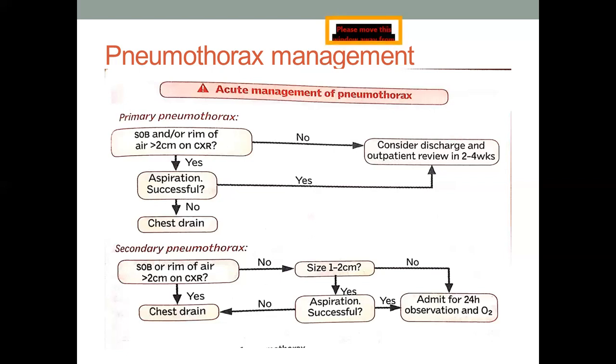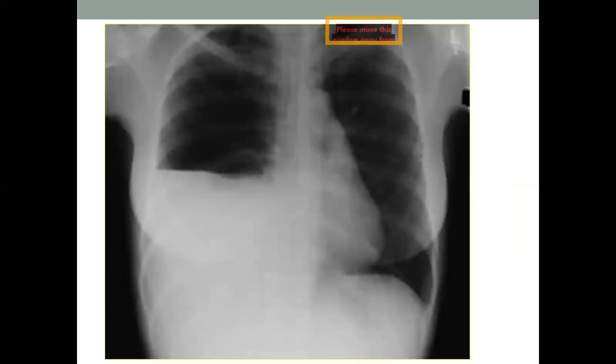If the size was between 1 to 2 centimeters, then first do aspiration. If aspiration of air was successful by cannula or syringe, then observe for 24 hours and give oxygen. If that failed, then do chest intubation.